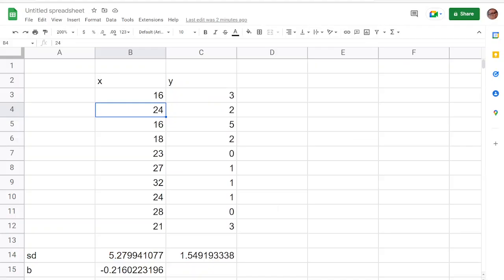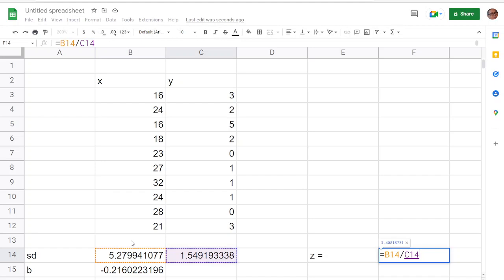So for Z, to get the Z value, you take the standard deviation for X and then divide by the standard deviation for Y and then you multiply with the coefficient, right?